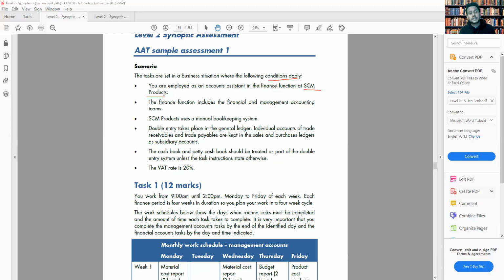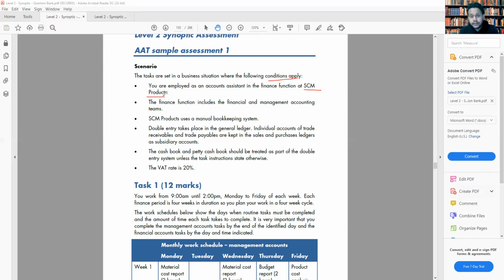So it's not my business. I'm not in a practice. It's very important to understand the scenario, because sometimes your answer will be based on the scenario. For example, if they say you are in a practice, that means you don't have any supervisor, you don't have any boss. You are the boss. And if you need to inform someone regarding anything, we have to go through some different steps.